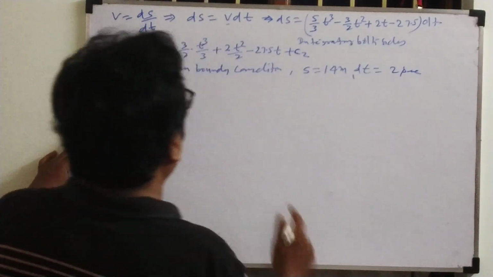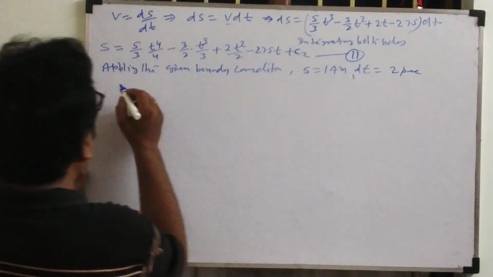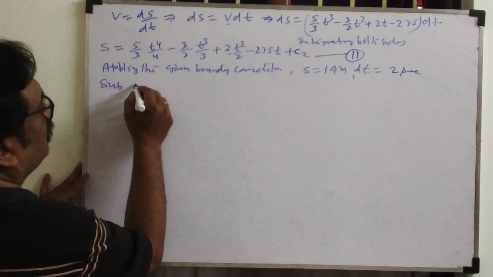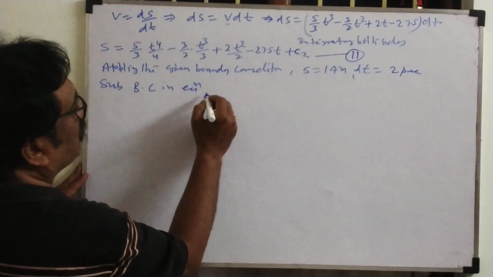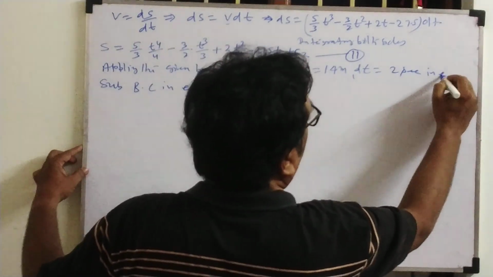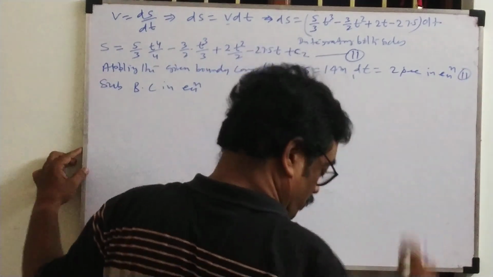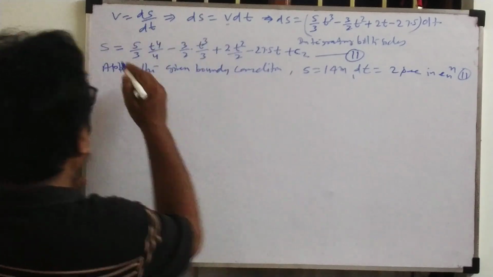Now substitute. This is equation number 2. Substitute the boundary conditions in equation 2. So we can save these steps directly.